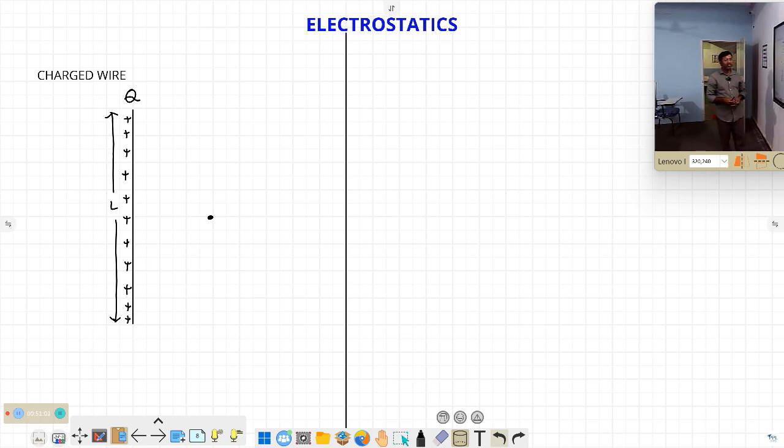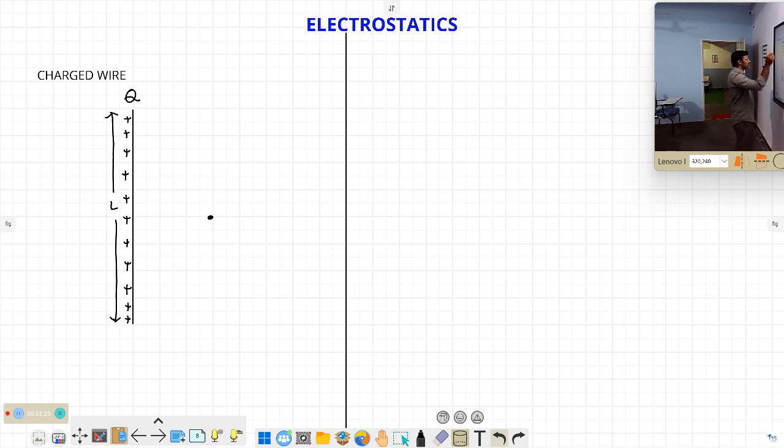The wire does not have any surface area, but if you want to calculate the electric field intensity due to that charged wire, you have to imagine a Gaussian surface which contains a surface area. For that, imagine that if you see the wire microscopically, it looks like a cylinder. So I can construct this Gaussian surface as a cylinder.